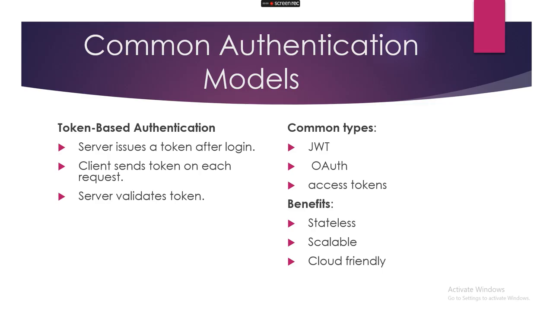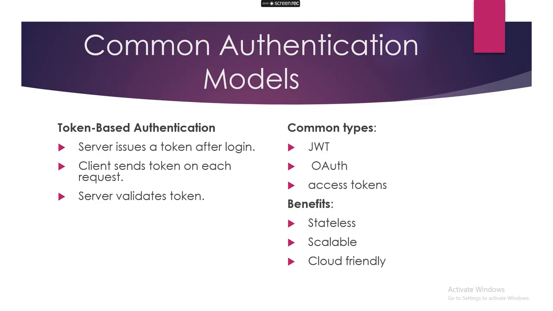The client then takes the token and saves it in a secure manner. Then for every request that client intends to send to the API or to your backend server, it has to include the authentication token in the header.